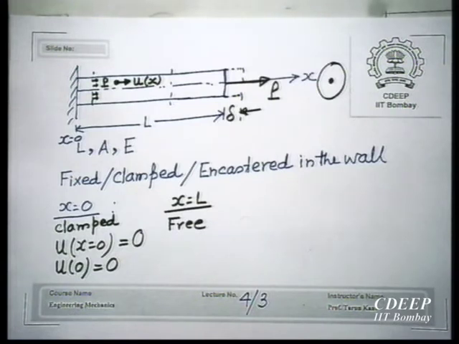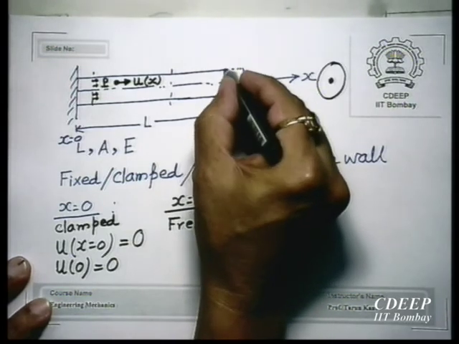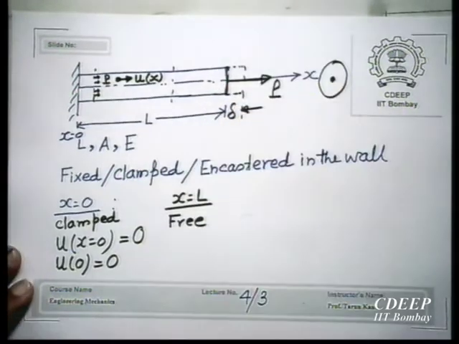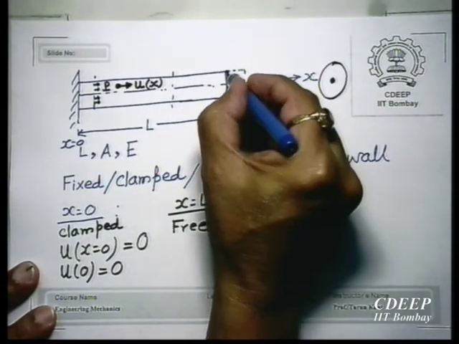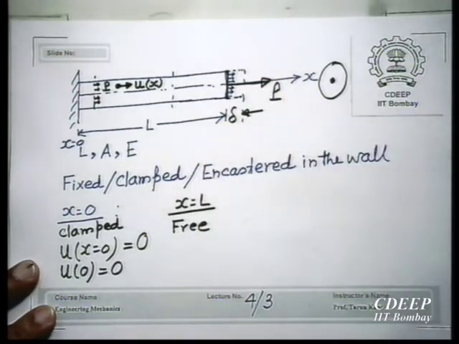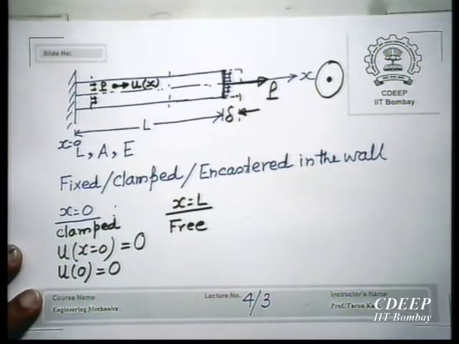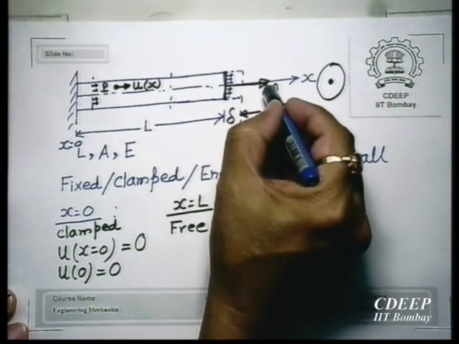At the free end, we are not preventing displacement, but what we are preventing is something else. Supposing I say, please draw the value of the normal stress sigma at the free end, x equal to L. How will you draw? Of course, a net force P has been applied.